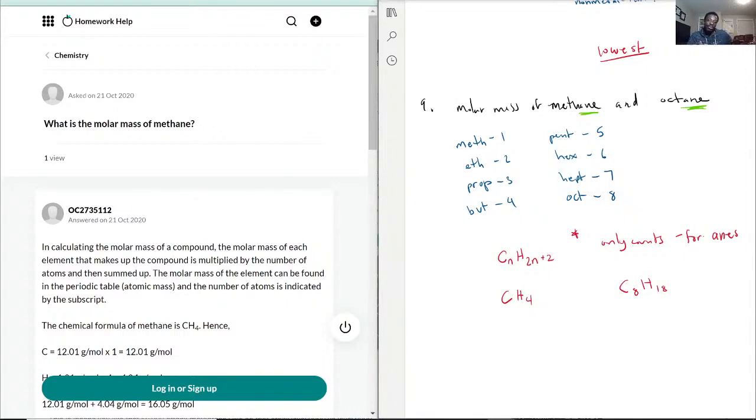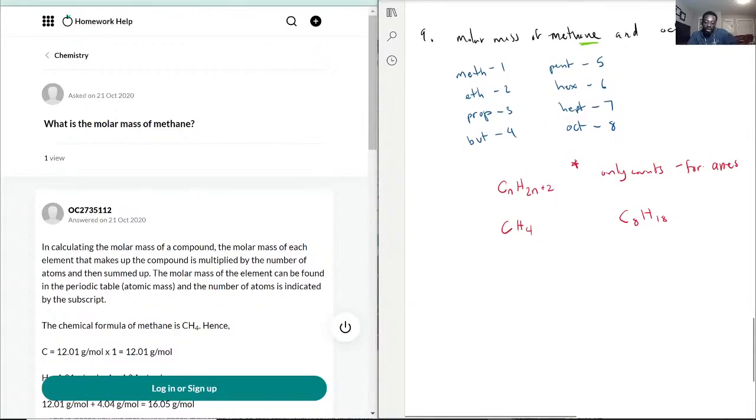But they're asking for the molar mass, so we're going to break it down. There's 1 carbon and 4 hydrogen, and here there's 8 carbon and 18 hydrogen. So 1 carbon times 12.011, and hydrogen is 1.008.